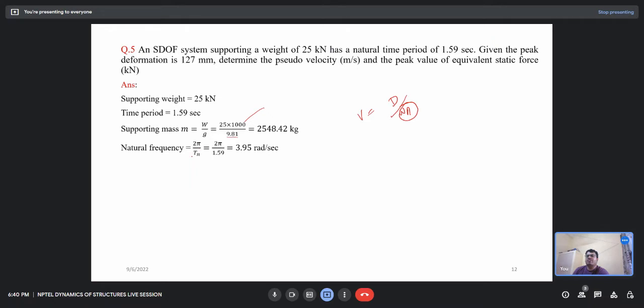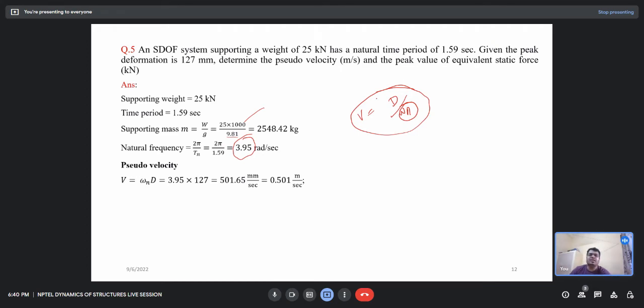And the natural frequency can be calculated as 2 pi by Tn, so it comes out to be 3.95. So I can directly calculate the pseudo velocity by this equation, V is equal to D by omega n. Sorry, that will be multiply, not divide. So if you calculate the velocity, it comes out to 0.501 meter per second.